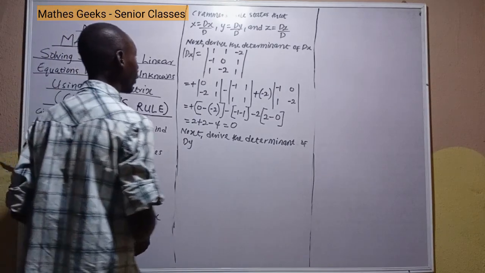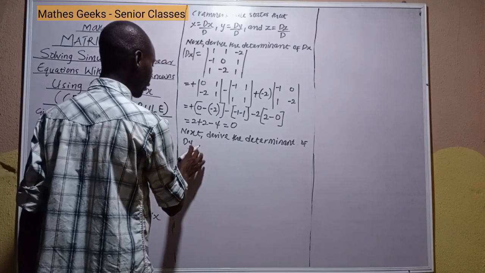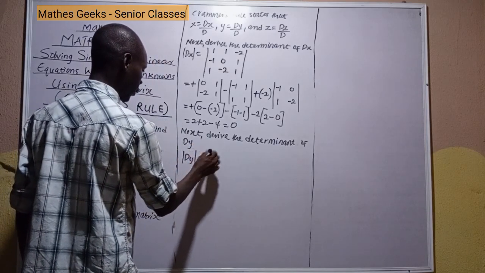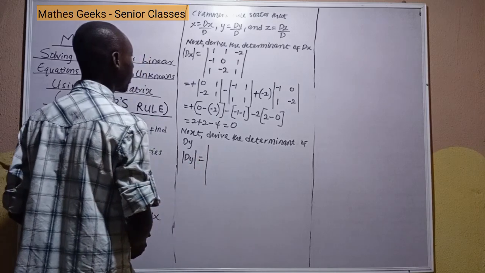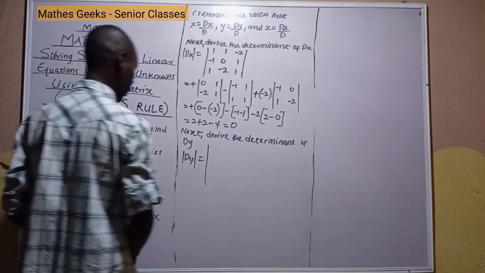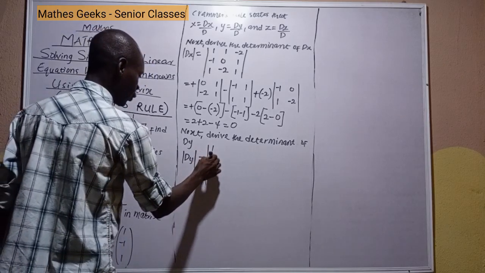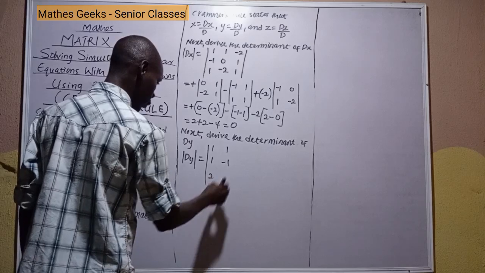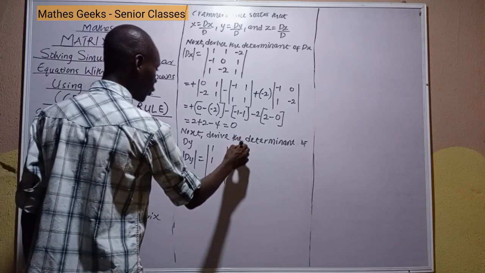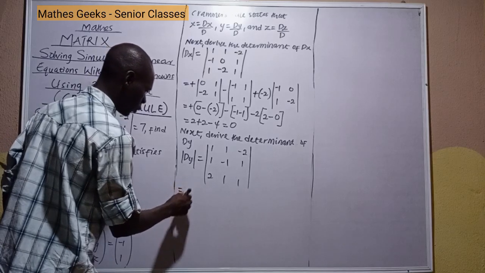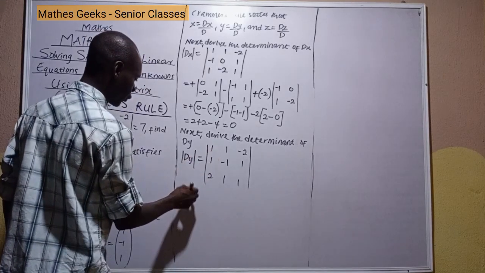So I'm going to solve for y and z also. The y, actually the y is equal to, so for the y, we're going to replace the y column by the column on the right hand side. So 1, 1, 2, 1, 1, 2, 1, minus 1, 1, minus 2, minus 2, 1, 1. Equals plus 1.